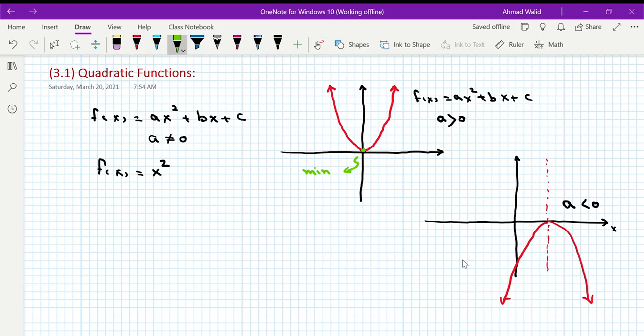And we call this minimum point the turning point. It has a special name, which we call what? Vertex. The vertex of a parabola is the turning point. And that point can be a minimum point, or in this case, where a is less than 0, it can be a maximum point.